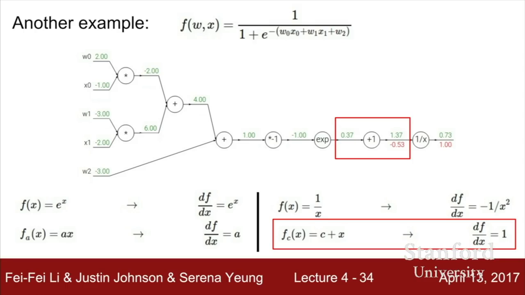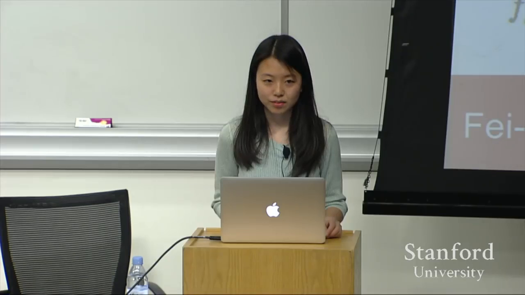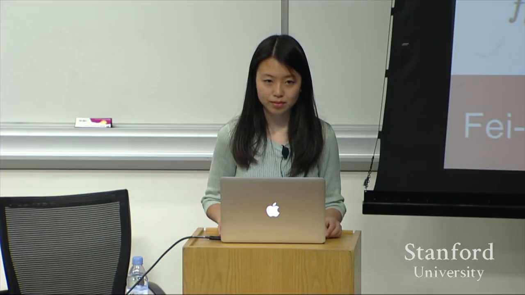So what's the gradient with respect to this variable using the chain rule? It's the upstream gradient of negative 0.53 times our local gradient of 1, which is equal to negative 0.53.